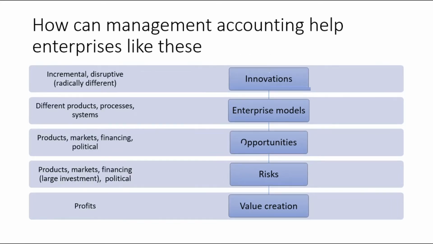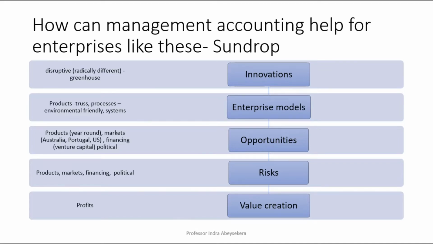In relation to Sundrop Farms, it was a radically different or disruptive idea of having a greenhouse on land that is not able to cultivate, and coming up with an enterprise model which is environmentally friendly to produce truss tomatoes.